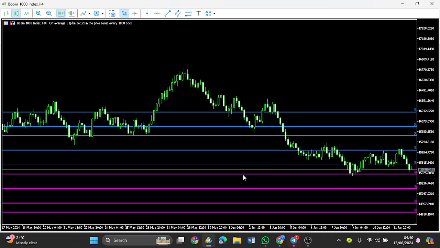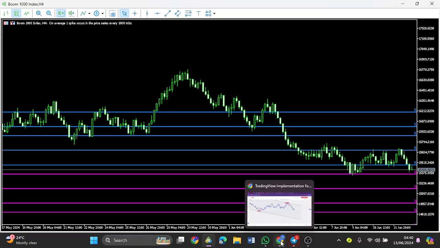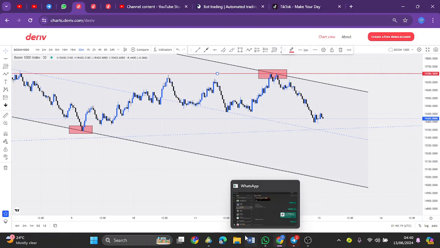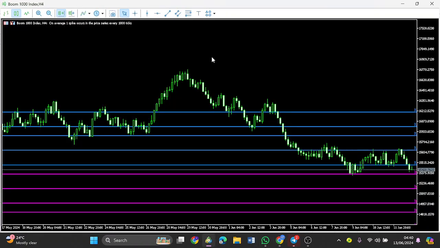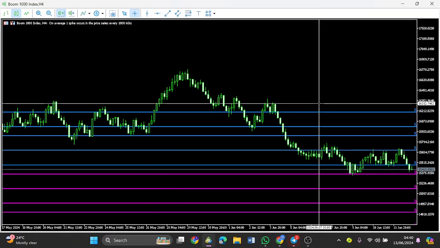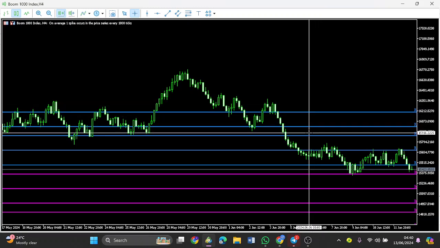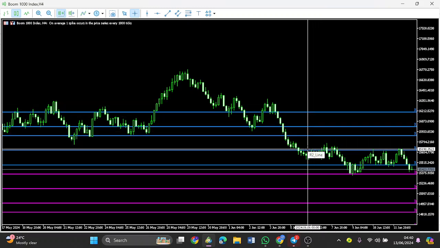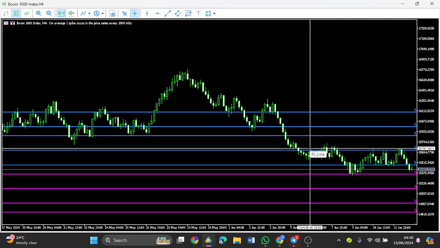But overall, we know the market is moving in a downtrend channel. So if you could have got it from this level, which is at 157.05, if you come here and check 157.05, now you get this one.